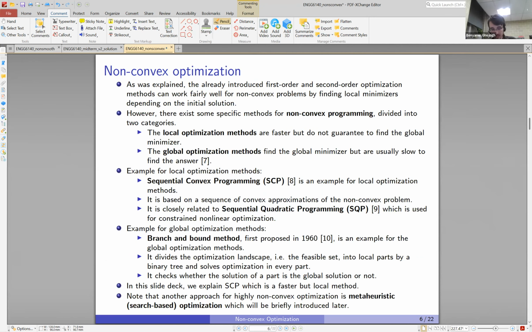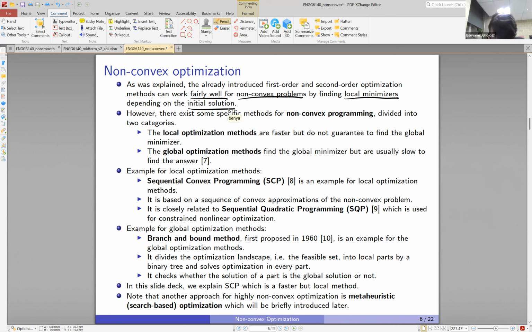Okay. Another thing which I want to say, as was explained, now let's talk about non-convex optimization. The already introduced first order and second order optimization methods can work fairly well for non-convex optimization problems, for the reasons which I discussed, by finding local minimizers depending on the initial solution.